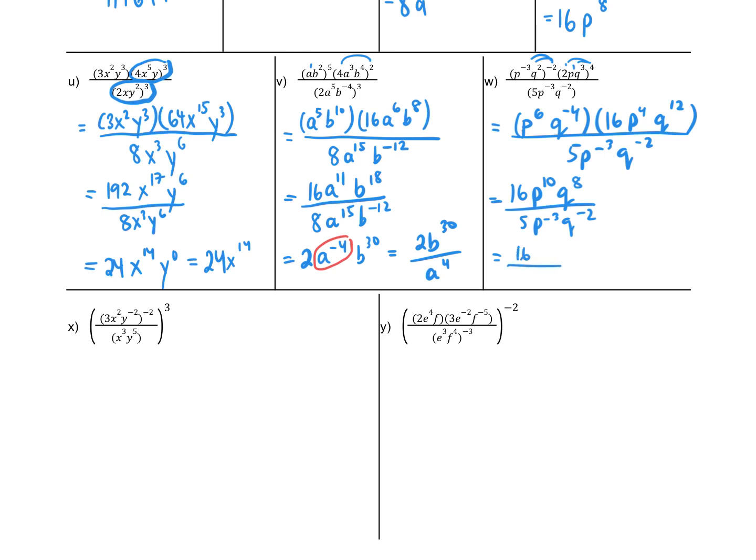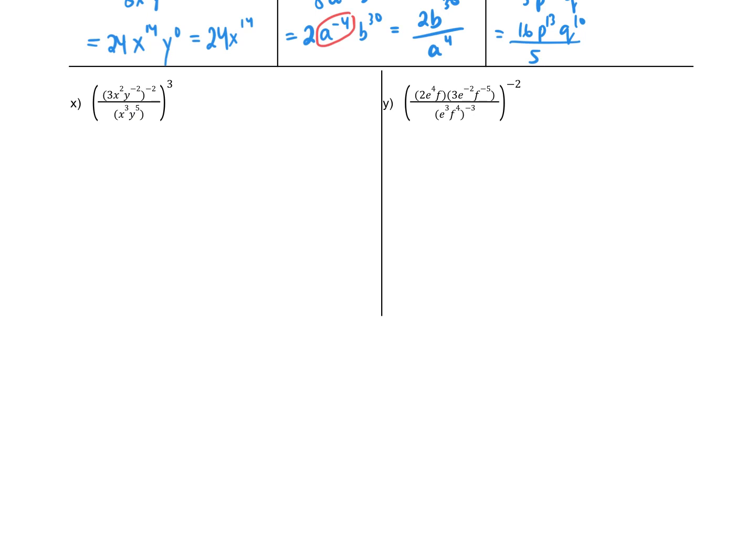So I have 16 over 5. That can't change. It's going to give me a decimal. Then for the p's, 10 minus negative 3 will give me a positive exponent. So I'm happy with that. And then for the q's as well, 8 minus negative 2 gives me 10. So this is great. All my exponents are positive. So that's nice. And two more examples here.